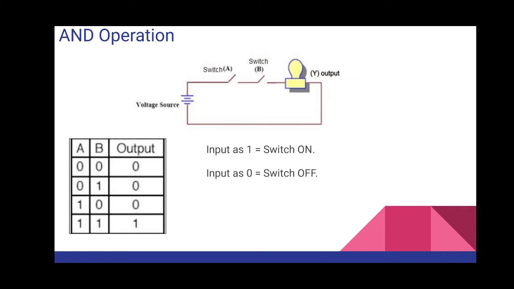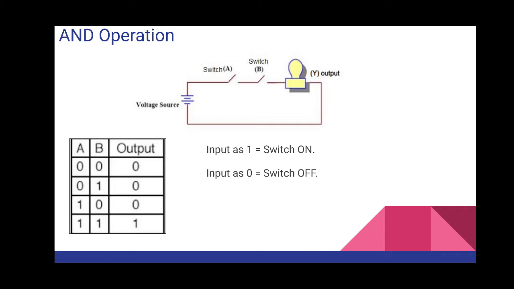Now first we will concentrate on the truth table. Observe A, B. A is one condition and B is another condition, and based on the operation you will get the output. Just now we saw, to get the output as true, what is the mandatory condition? That both the inputs have to be true. If it is true, it should be 1.